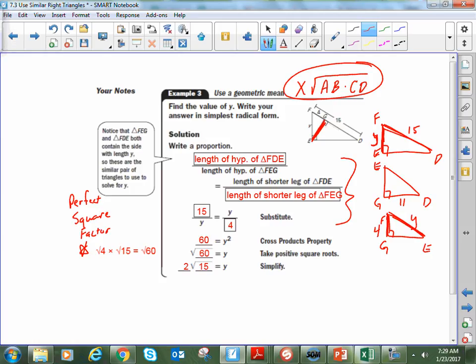Well, 60 has a bunch of different factors, like 2 and 30, and 10 and 6, but none of those values are a perfect square number. The only perfect square that is a factor of 60 is 4. Its other factor with 4 would be 15. So the square root of 4 produces the 2 as the whole value, and since the square root of 15 cannot be simplified, it stays in radical form.